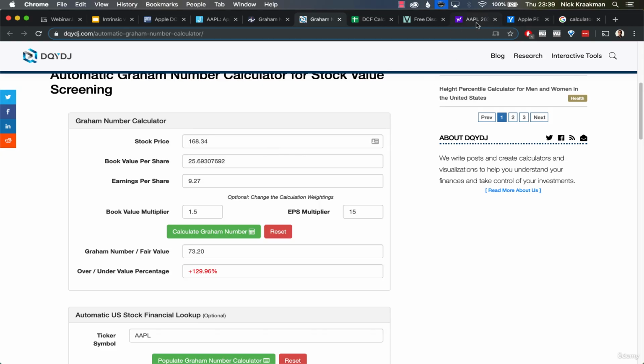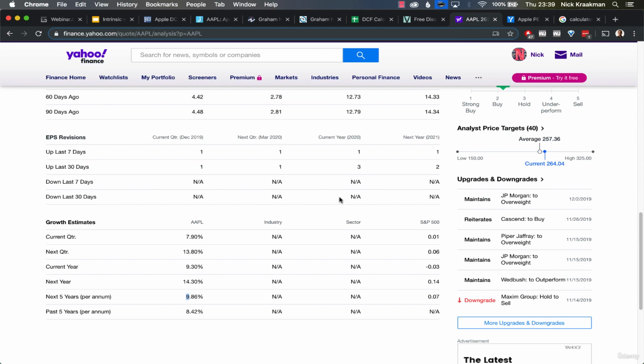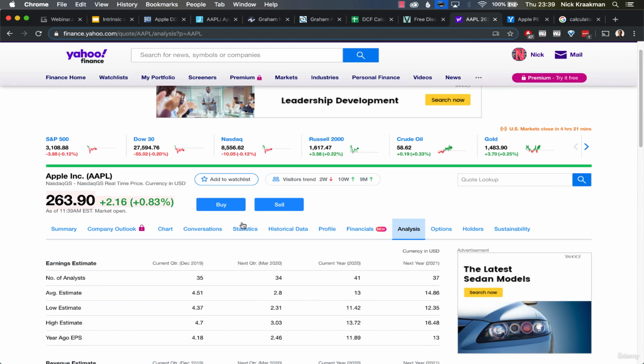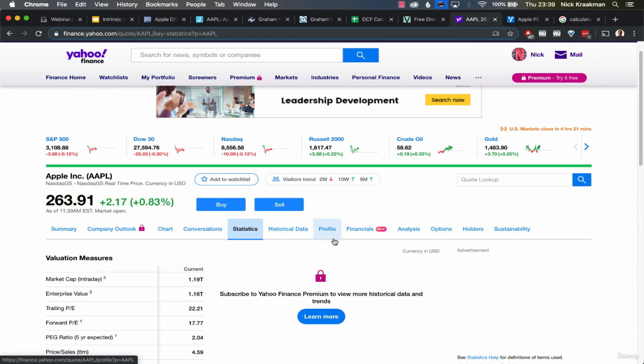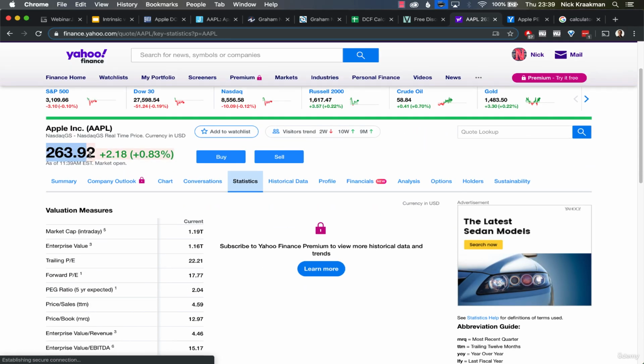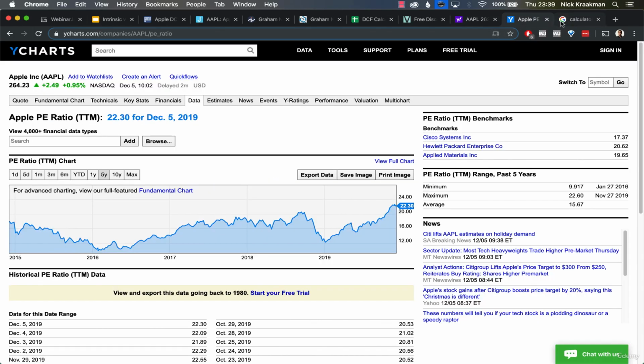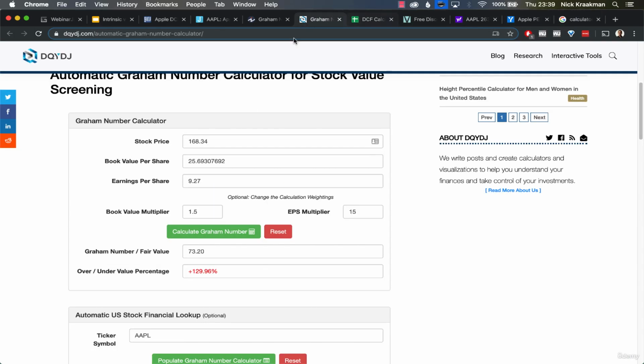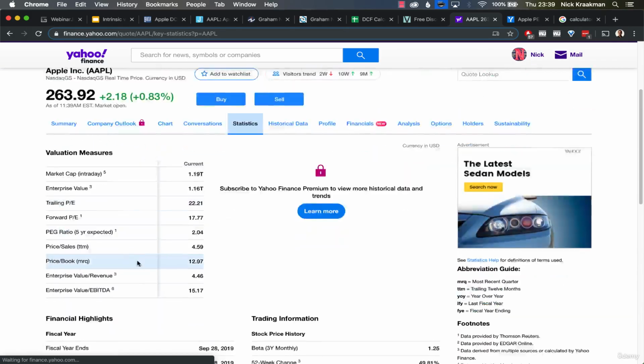So we go back to the Yahoo Finance page for Apple, and this time we go to the statistics page. We're looking at the price first, so it's like 264. So let's fill that in: 264. Book value per share. We can also find that here.